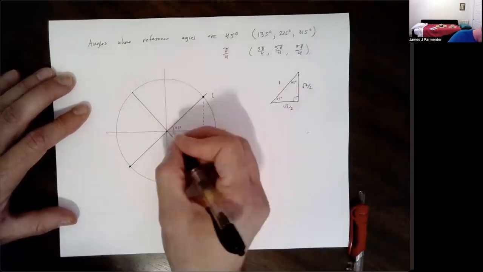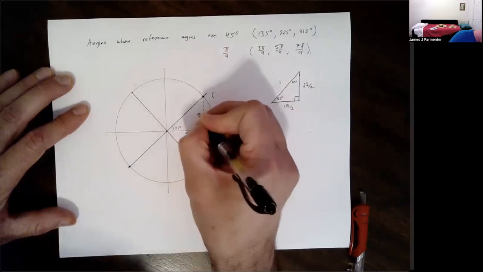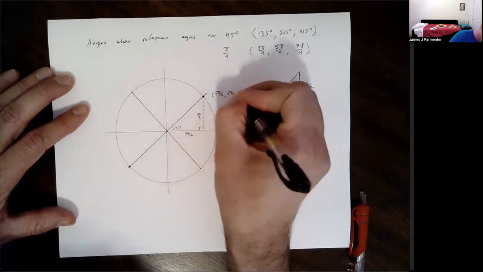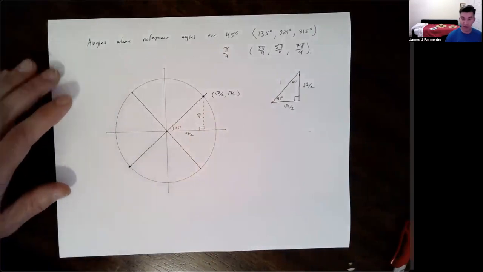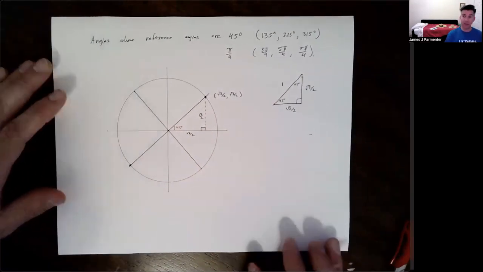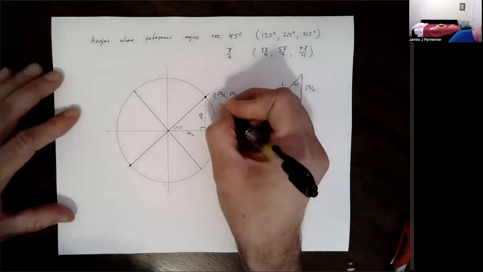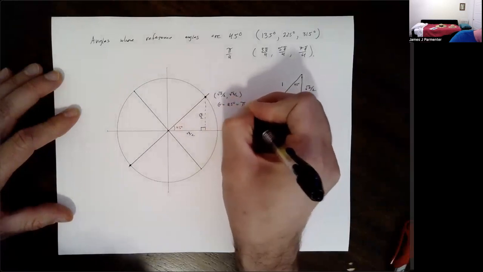And the x coordinate is root 2 over 2. The y coordinate is root 2 over 2. And that's my favorite thing about 45 degrees, or any angle whose reference angle is 45 degrees. The x coordinate and the y coordinate are the same, except they might differ in signs. So we have our angle of 45 degrees, or pi over 4 radians.